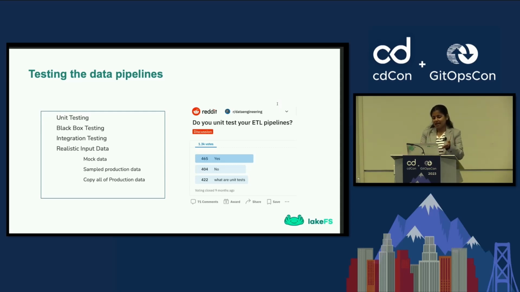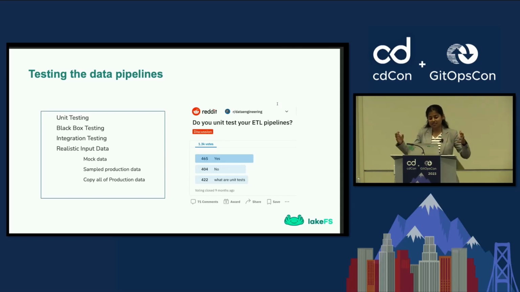So we have the standard testing we would borrow from the software engineering world: unit testing, black box testing, and integration testing, which is more important here than the other ones. When you think about data pipelines, your pipeline is reading from multiple data sources, and at the end of the day, it is complex, multi-step transformations. And at the other end, we also have multiple consumers, sometimes reading even concurrently from these transformed data.